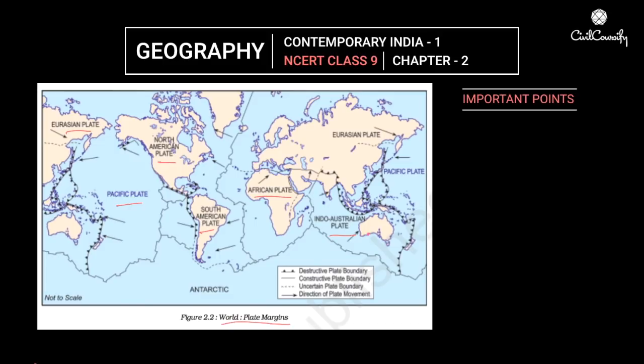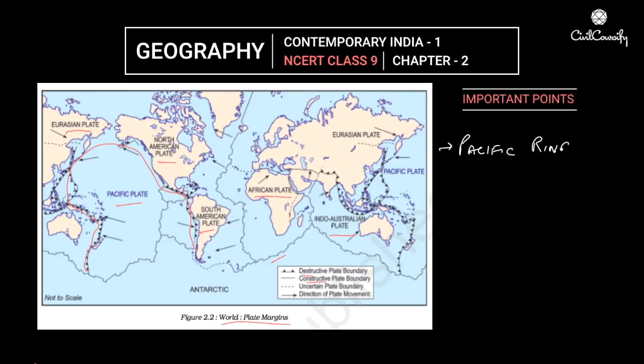So as you can see in this map, the destructive plates are the ones marked with a line with dots, and the simple lines are the constructive plates, these ones. Right. So this region is really important. You must remember this. This is the Pacific Ring of Fire. Why do we call it the Pacific Ring of Fire?